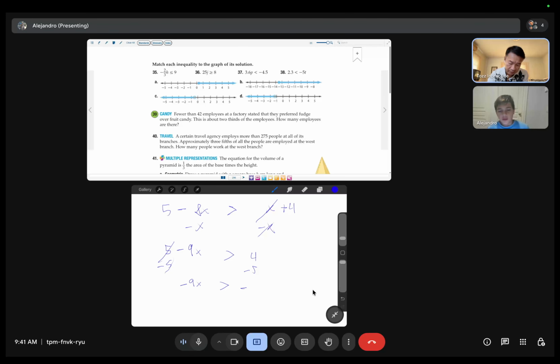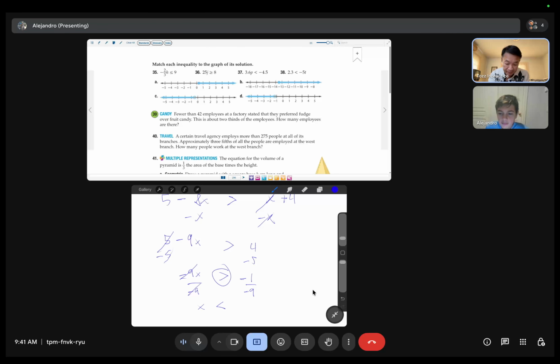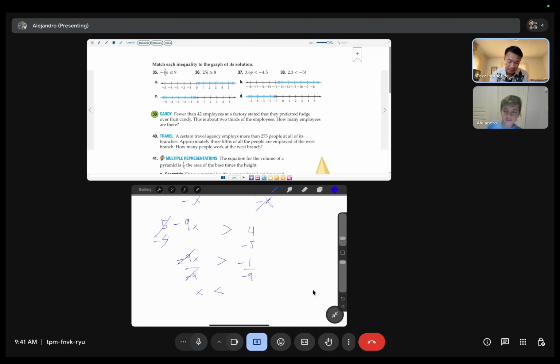So this gives you -1 so far. And here we go. Last step: divide both sides by -9. Cancel, cancel. X. Flip. Now in the book, if this were an example, it would have been printed flipping right here already. But right now you've done everything by hand, so it's acceptable to do it in the next step.